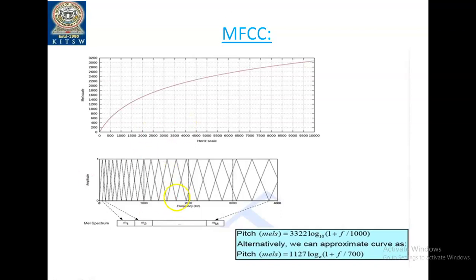Normally we will have triangular bands, and this is the way we convert. The Mel value equals 1127 when the frequency is given, for instance. This Mel scale is suitable because the human ear perceives only on a log frequency scale, which is best suited for the MFCC. When I give the frequency, you get Mel equal to 1127 times the natural logarithm of 1 plus f by 700. So this is the way we convert. Okay.